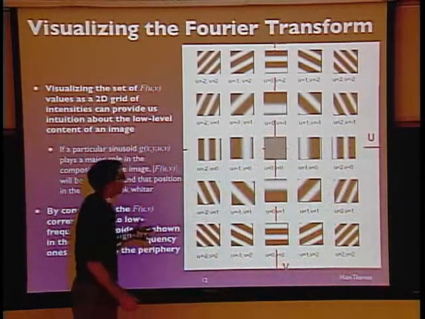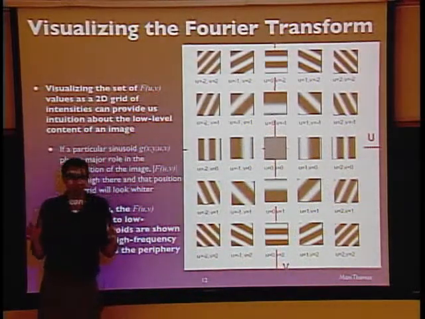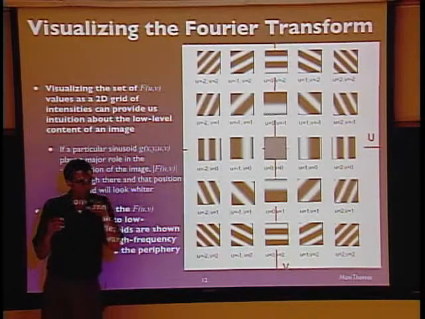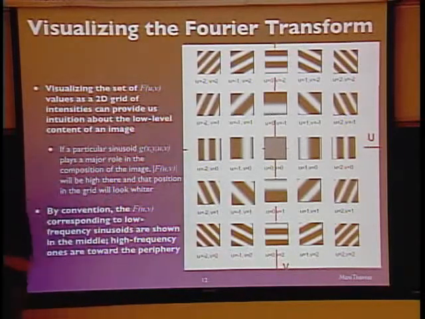And in fact, there's going to be a slot in each one of these 2-dimensional arrays for each capital F, for each one of those Fourier coefficients for every possible sinusoidal curve.